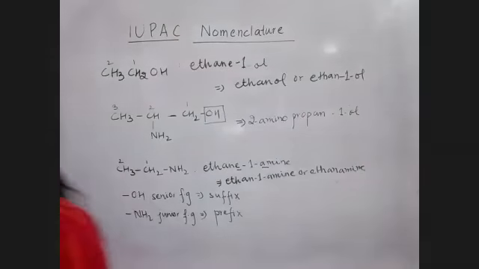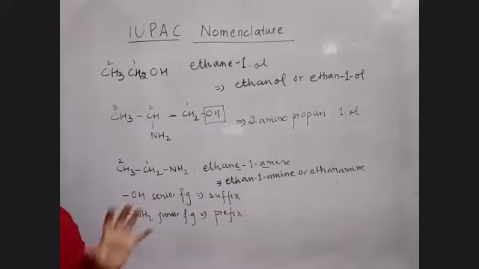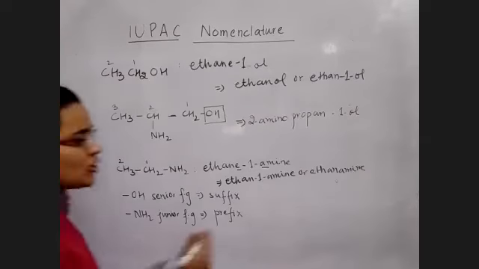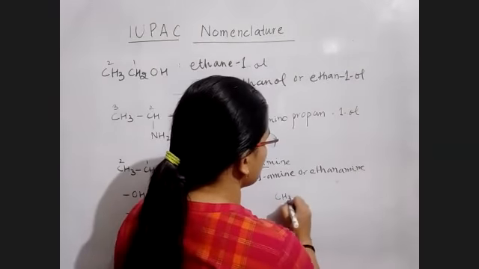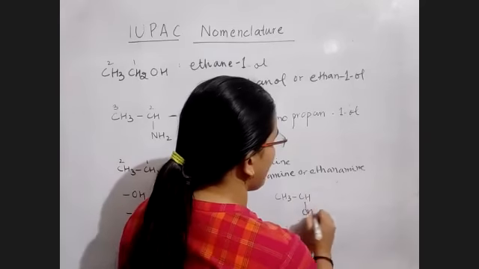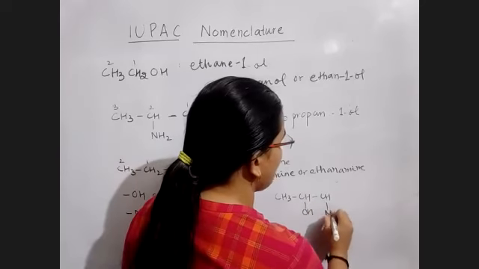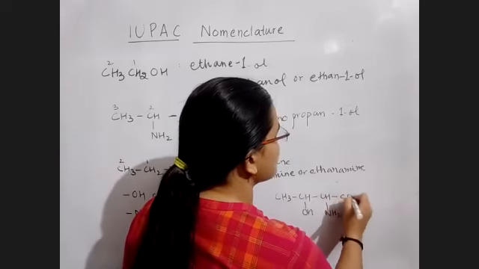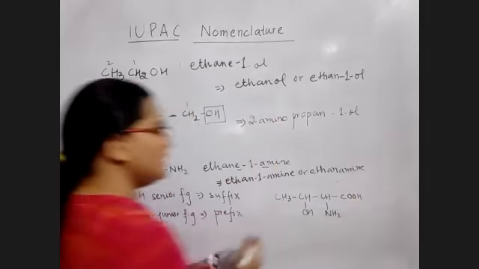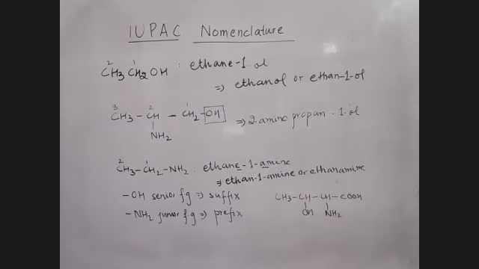So from that table, you will find out which one is senior and which one is junior. Okay, class, always remember only one will be the senior group. If I draw the structure like this, CH3, CH(OH), CH(NH2), COOH, how many functional groups are present?